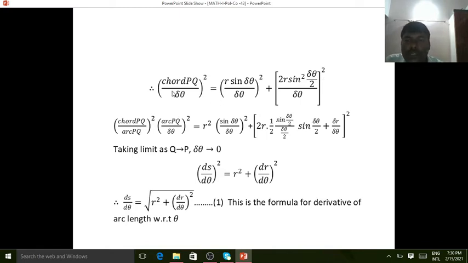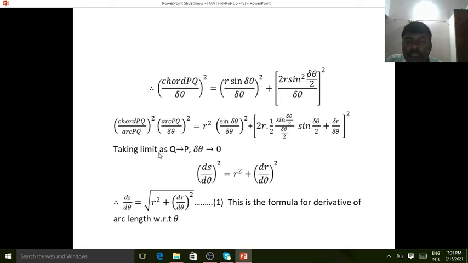So this can be written as (chord PQ by arc PQ) whole square into (arc PQ by delta theta) whole square. This is equal to r square (sin delta theta by delta theta) whole square plus, 2r into 1 by 2 into (sin delta theta by 2 divided by delta theta by 2) into sin delta theta by 2, plus delta r by delta theta, whole square.